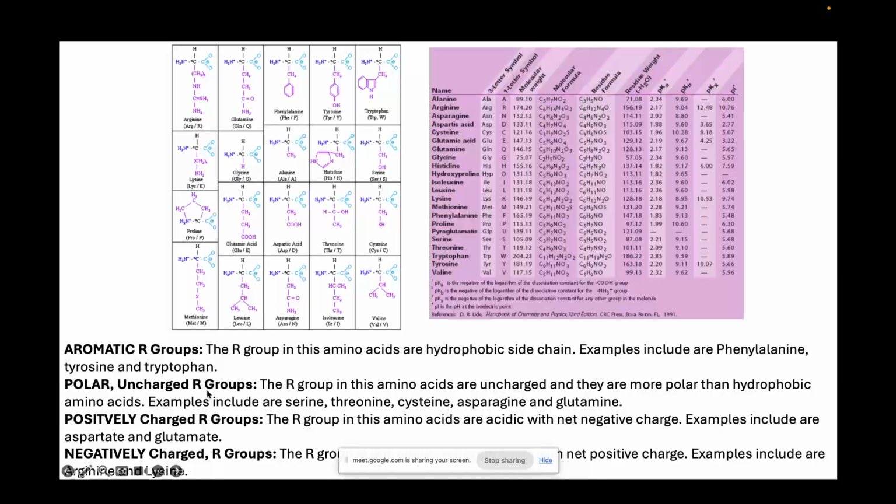Then you have polar amino acids, the uncharged R groups. In this case, the amino acids are uncharged and they're more polar than hydrophobic amino acids. This includes serine, threonine, cysteine, asparagine, glutamine. Serine and threonine, I think you'll come across in a lot of biological pathways, because these are the regions in the protein where different modifications can happen.